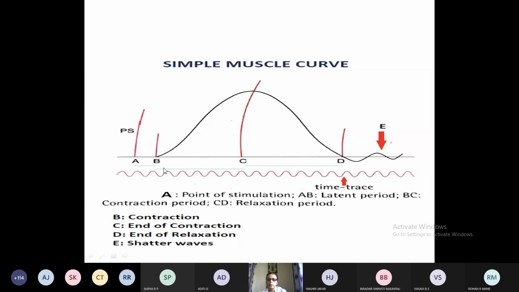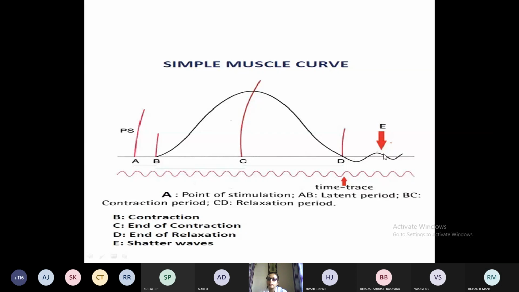So you have come across the upstroke and the downstroke. This upstroke and downstroke all together form a curve. So the first half of this curve is contraction and the later part is called the relaxation period. After that, the curve does not stop drastically. It still has a few upstrokes and downstrokes.